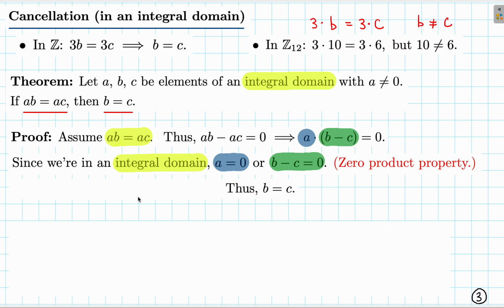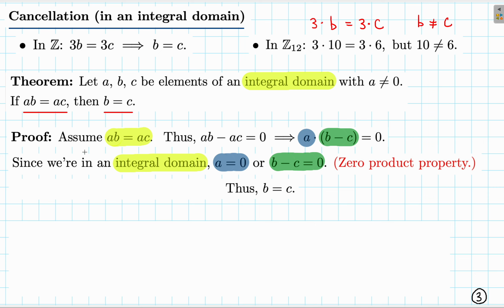We're using in this argument what's called the zero product property. And please read chapter 27 for a more careful discussion of the zero product property. But for now, let's move on with our proof. So we've shown that a must equal 0 or b minus c must equal 0.